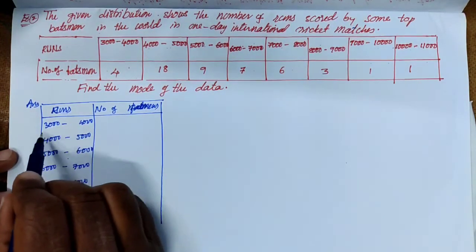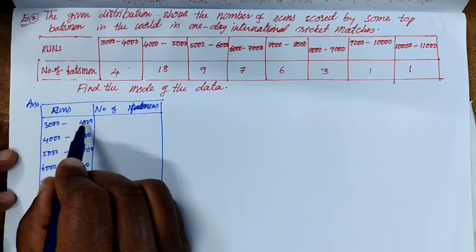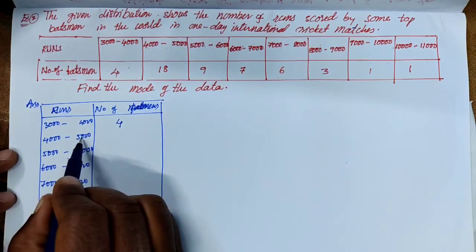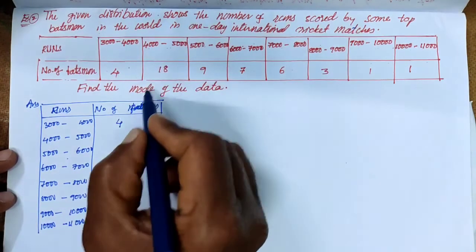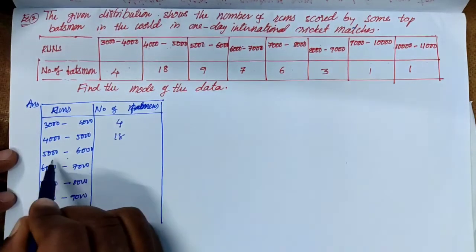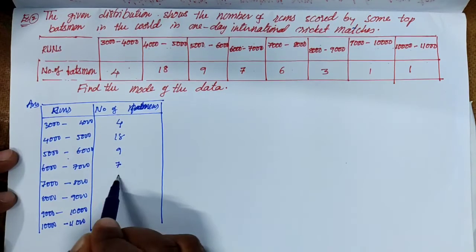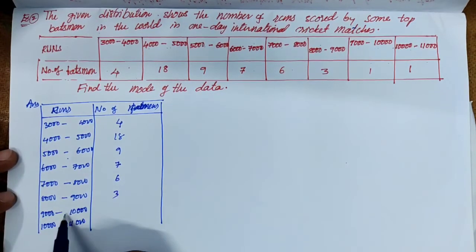And against these class intervals: 4, 18, 9, 7, 6, 3, 1, 1.